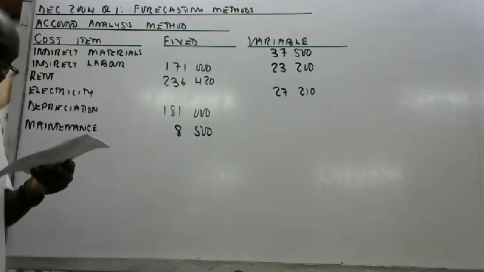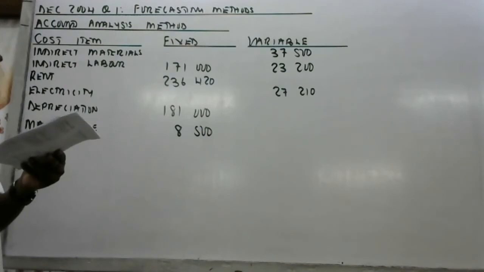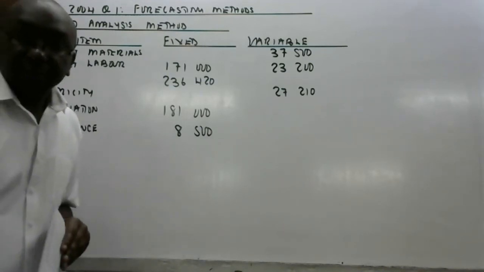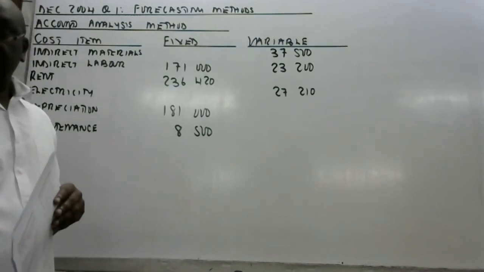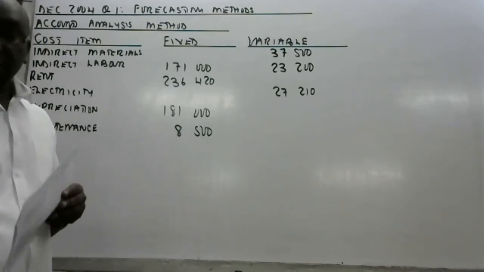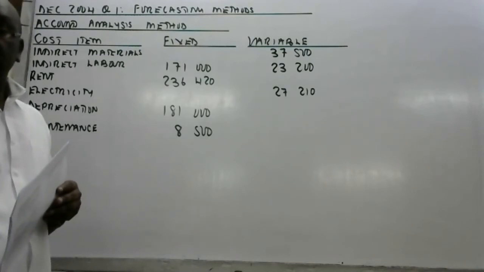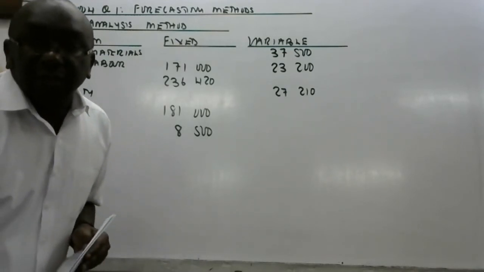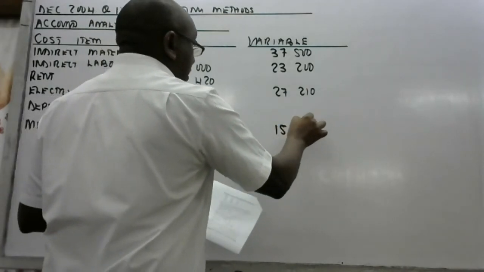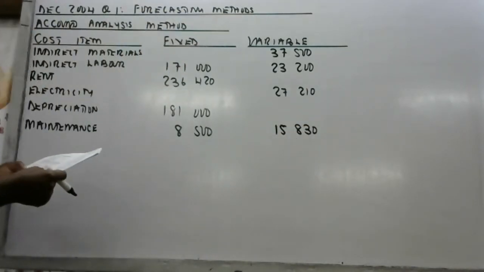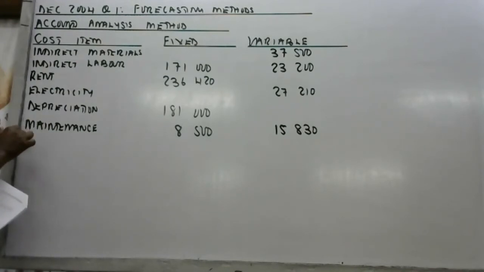The balance is variable. So give me the balance from 24,330. Give me the balance. $15,830. Good. We go to taxes.